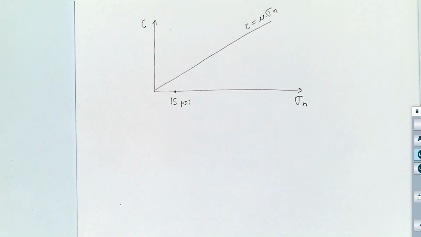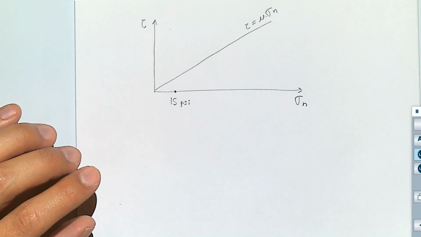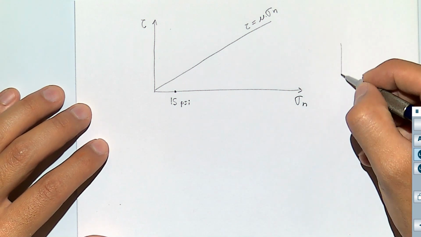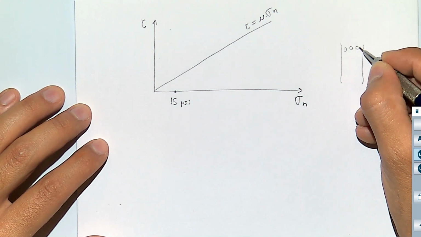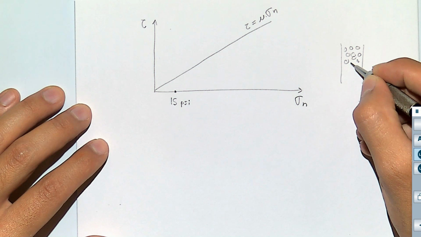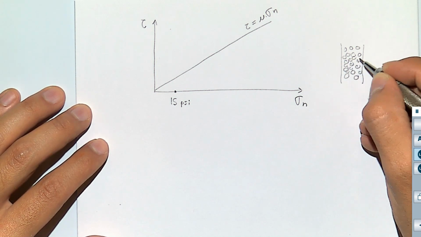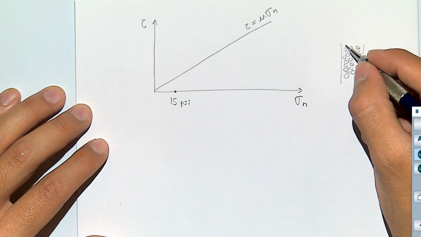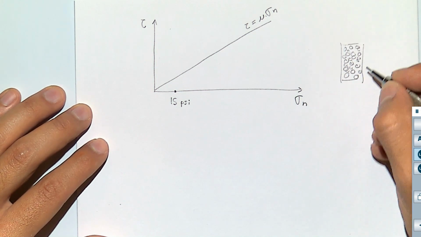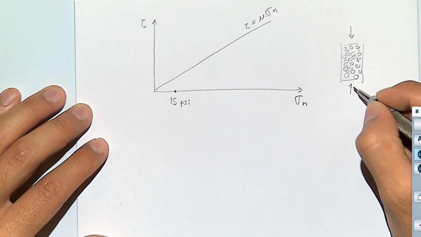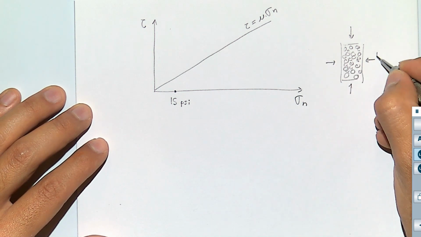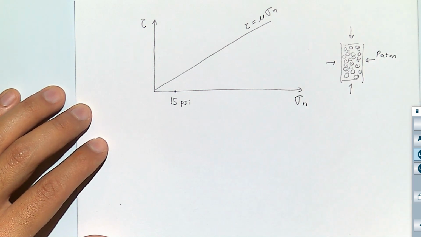If I apply an atmospheric pressure or confining stress on a solid, I'm going to be able to load it in the perpendicular direction, so this one is going to be atmospheric pressure on the sides.